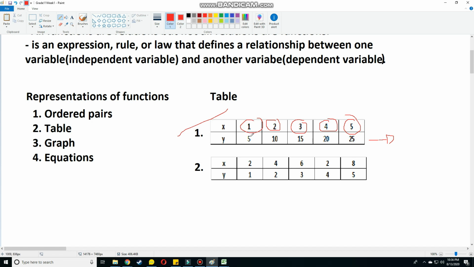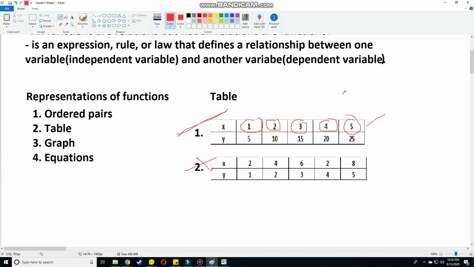Even if, for example, this is 5 and this is another 5, it would be okay because we would simply look into our domain. Now, if there is a repetition in our input, our domain, or our x, then it is not a function. But since on our example number 1, it has no repetition, therefore it is a function. Now, let's look into our example number 2.